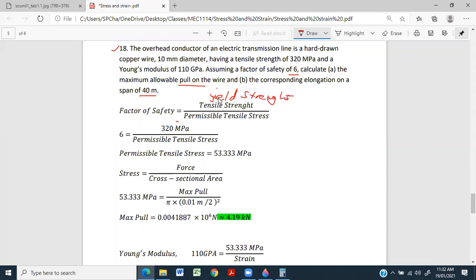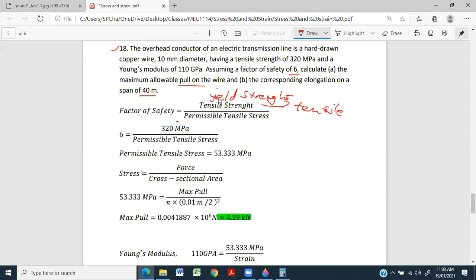And there are other things like ultimate strength. But for this class, we're just going to look at tensile strength. So factor of safety is tensile strength over permissible tensile strength, or the stress we are putting into the system, and we want to see whether or not it's safe to apply this load.